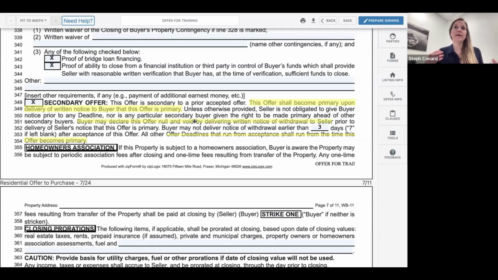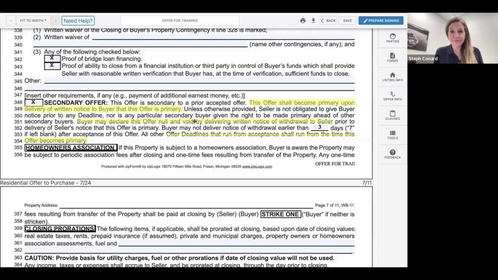What that's saying is a seller can accept as many secondary offers as they want. They have their number one offer with a primary buyer, and if they want, they can collect one other secondary offer, two, five, the sky's the limit. If the offer with their first buyer falls apart, they now have a pool of secondary offers they could choose from.